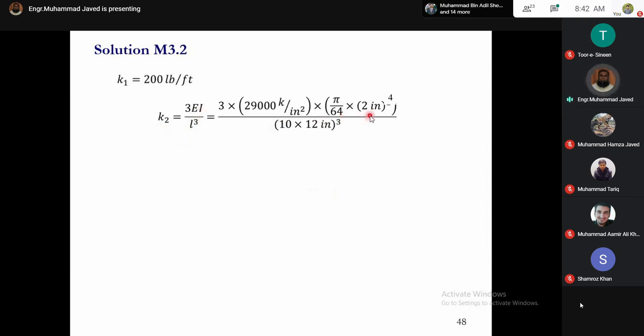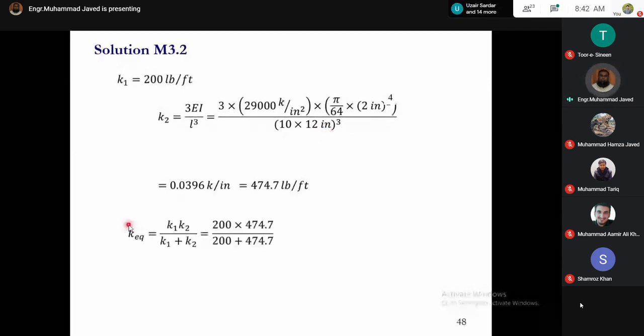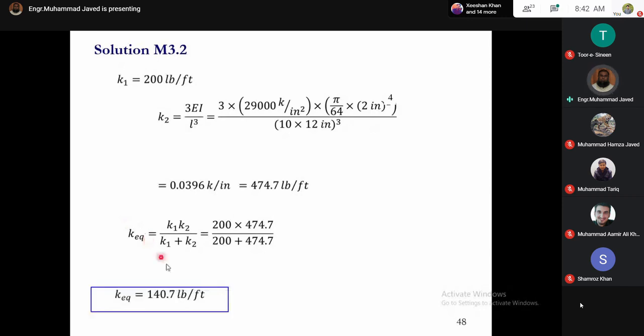So the moment of inertia will be pi by 64 into d to the power 4. The length is 10 feet or 120 inch. So once we find the stiffness of beam, the stiffness of connected spring is already given. And just use this equation to find the stiffness of the equivalent system, which in this case is 140.7 pounds per foot. Any question?